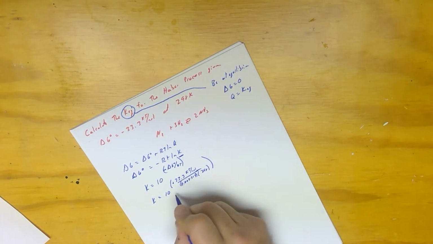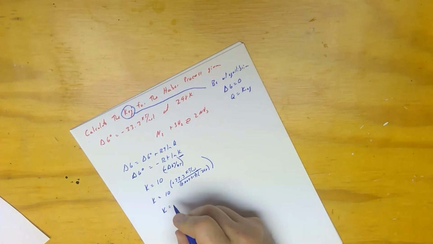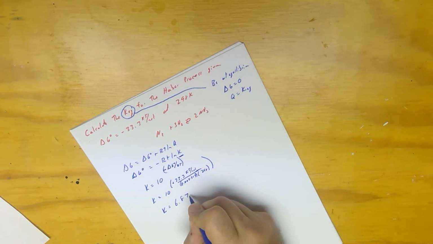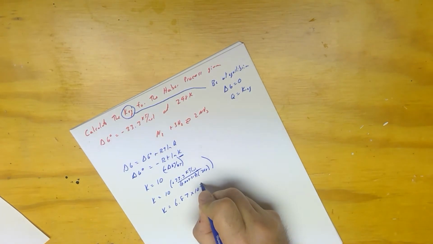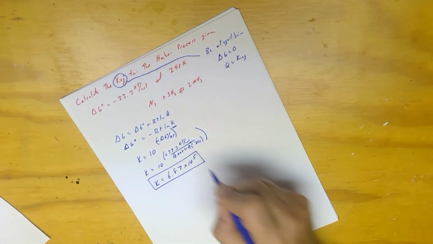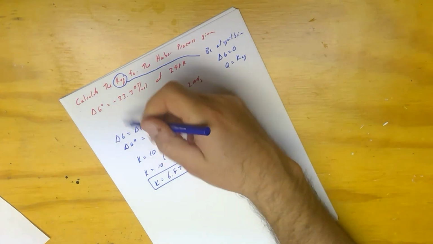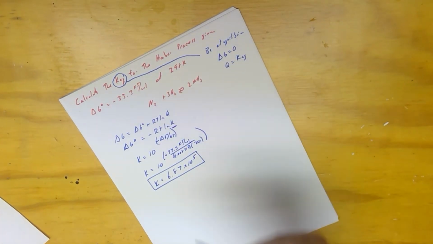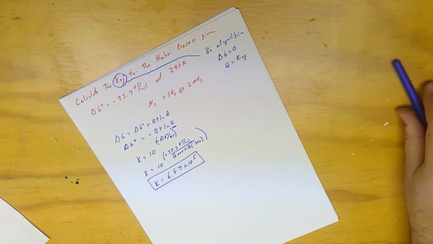If we do all this math, our K ends up being 6.87 times 10 to the 5th. And there's our equilibrium constant. Just another way to use those equations. Let's do one more.